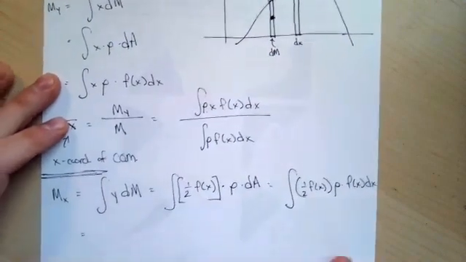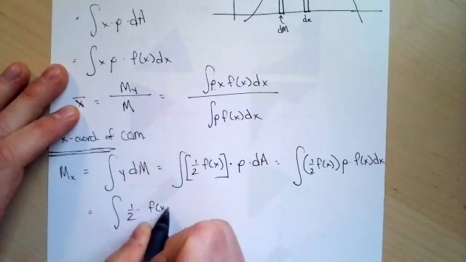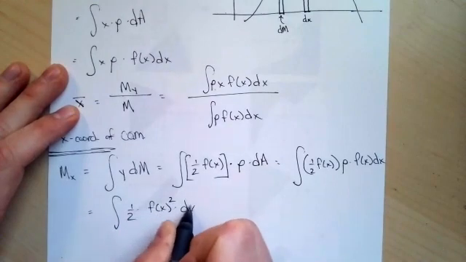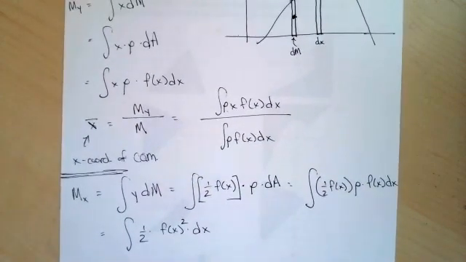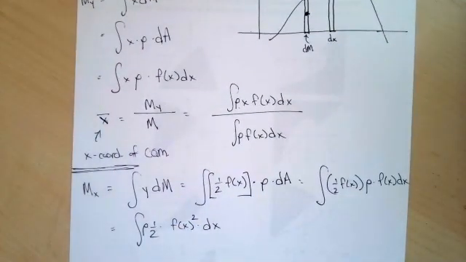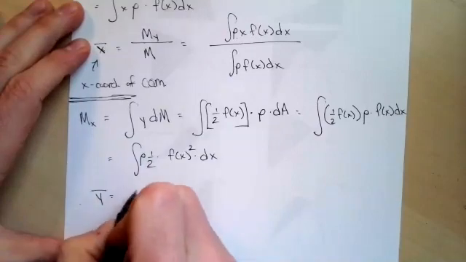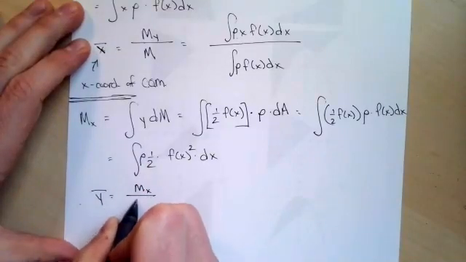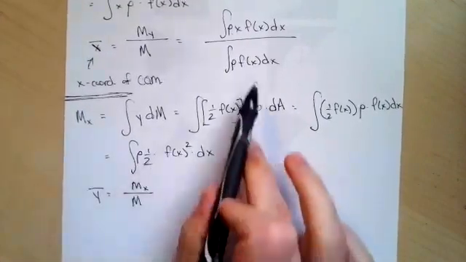So all in all, the moment about the x-axis is going to be 1/2 times f of x squared dx, times rho, or the density. And then the y-coordinate of the center of mass is going to be Mx over M. So this integral divided by your mass integral.